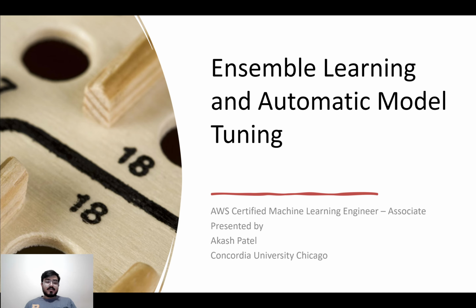So in this presentation, we will learn two important techniques that help improve machine learning models. The first is ensemble learning, which combines multiple models to produce better predictions. The second is automatic model tuning, where AWS SageMaker automatically finds the best settings for training a machine learning model.